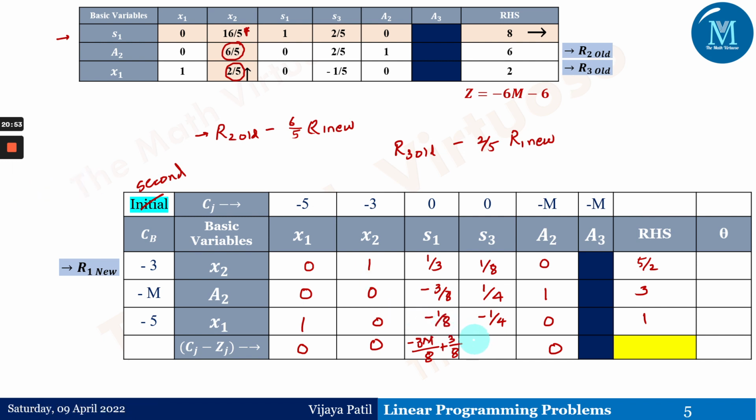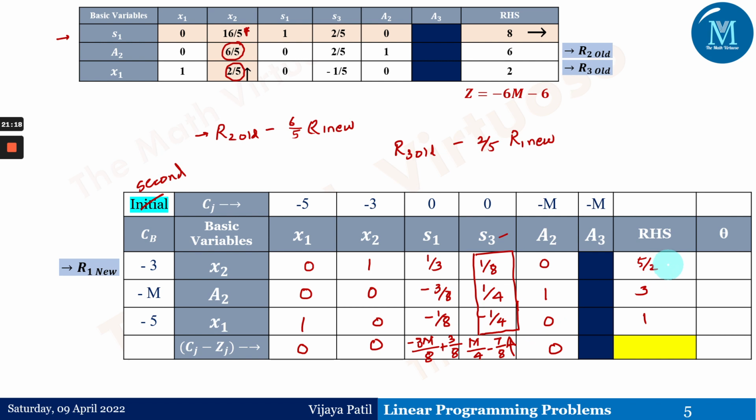This is coming out as m by 4 minus 7 by 8. Therefore if you observe here, the coefficient of m is negative in this S1. So in this iteration, this S3 will get into the basis. That means this column would be the pivot column.